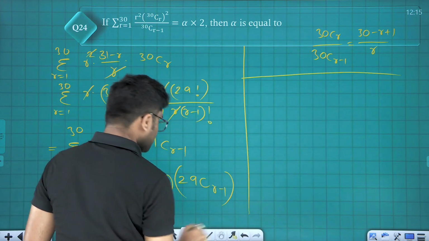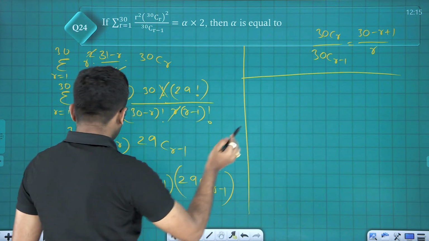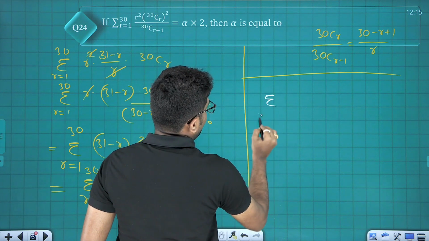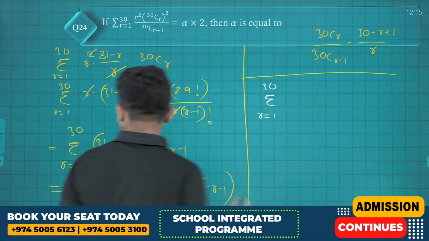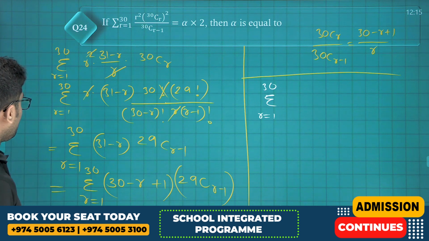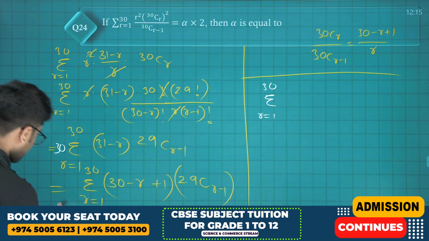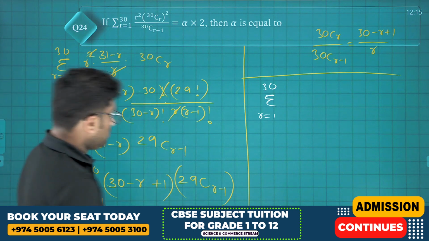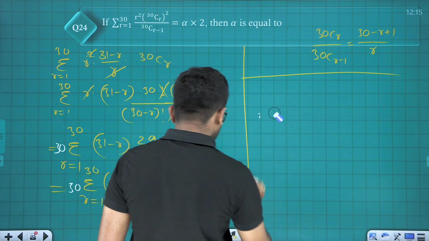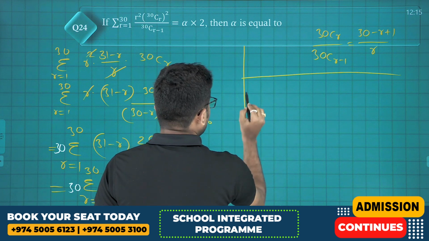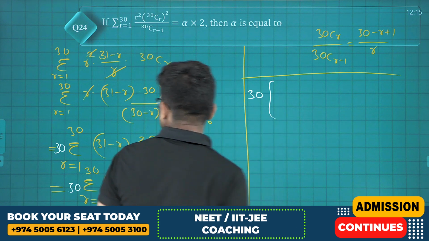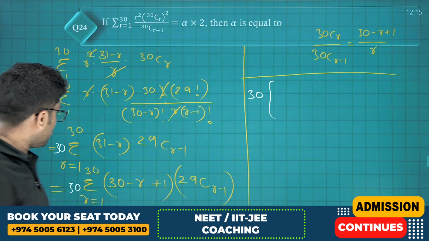Next, in this case if you try to expand, sigma r equals 1 to 30, here we have 30, we take 30 out.